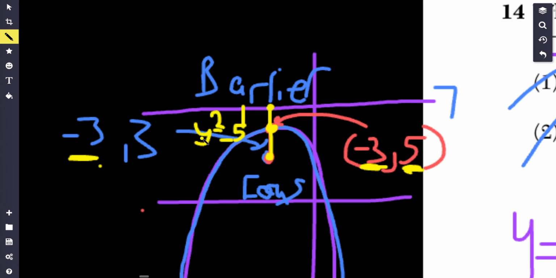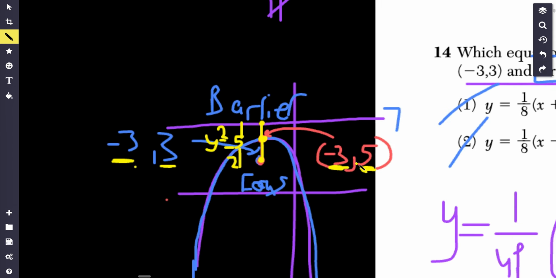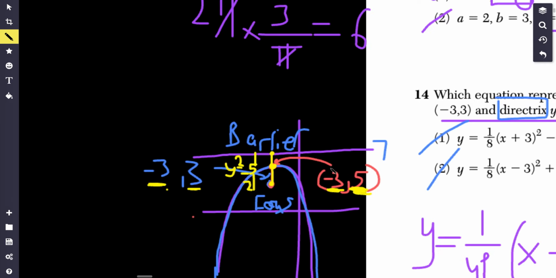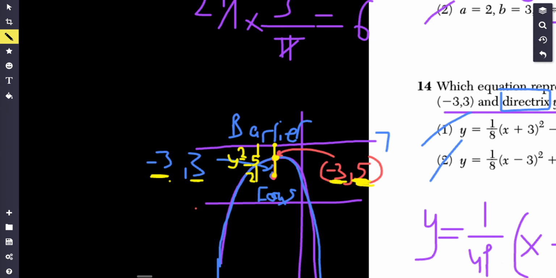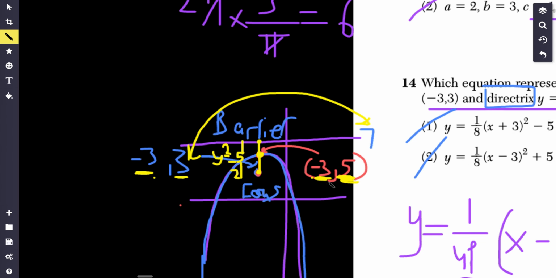And the distance from y is equal to 5 to our y value of 3 is also 2, right? So notice how the distance is the same. If you want to get the y value for your parabola's vertex, you take the average between these two y values, and that gives you the value in the middle, which represents the vertex, which is equidistant from the focus and the directrix.